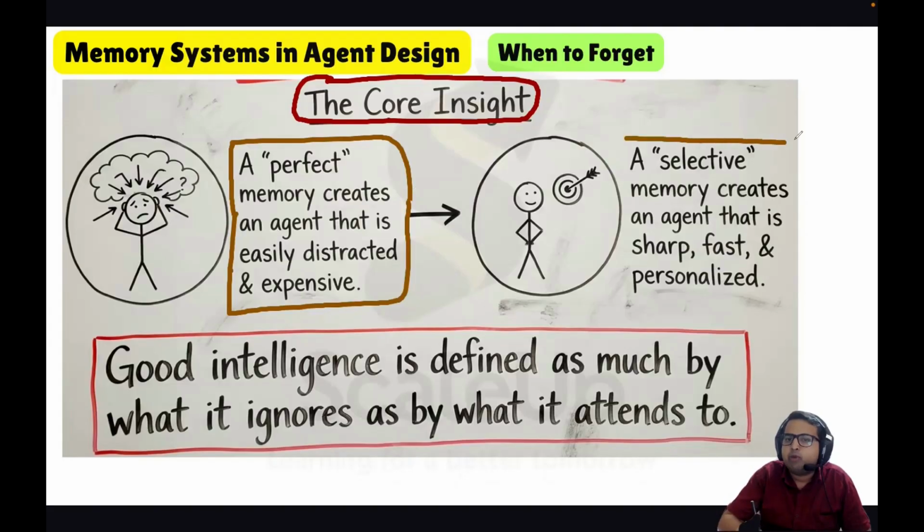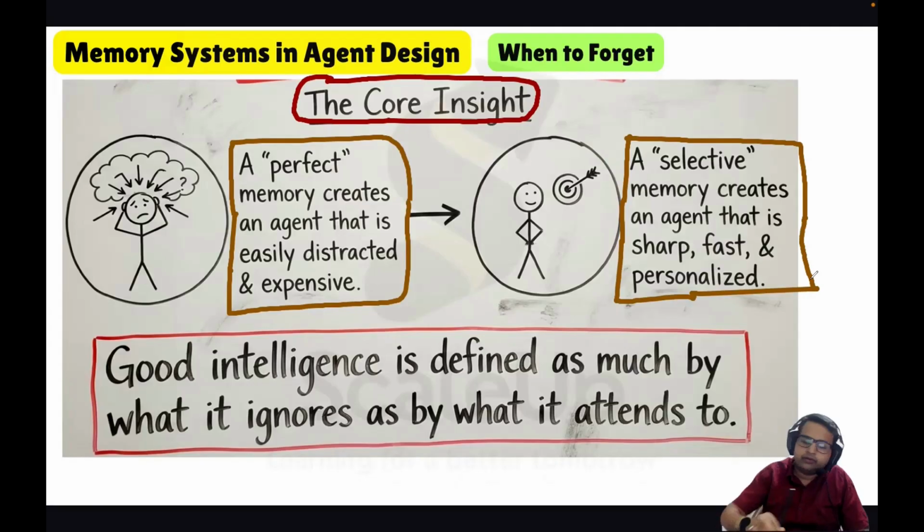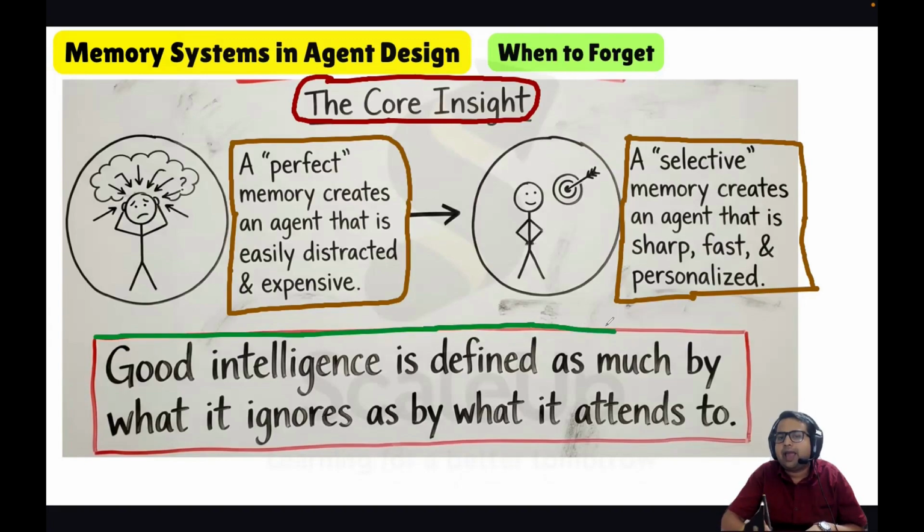A selective memory creates an agent that is sharp, fast, and personalized. So forgetting is very important. We don't want a perfect memory; we want a selective memory, because it avoids unnecessary noise and hence is sharp, fast, and personalized. Good intelligence is defined as much by what it ignores as by what it attends to.